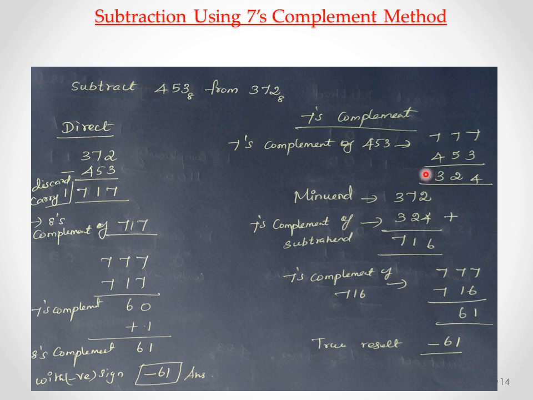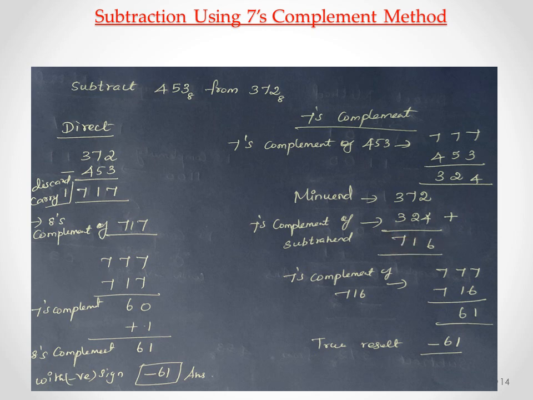Now we are adding this 7's complement value with the minuend. So we are adding these two. 4 plus 2 is 6. 7 plus 2 is 9, that is 11 in the octal number. So in the 11, one we are writing here and another one we are adding with this higher order bit. So 3 plus 3 is 6, 6 plus 1 is 7. So our answer is 716.